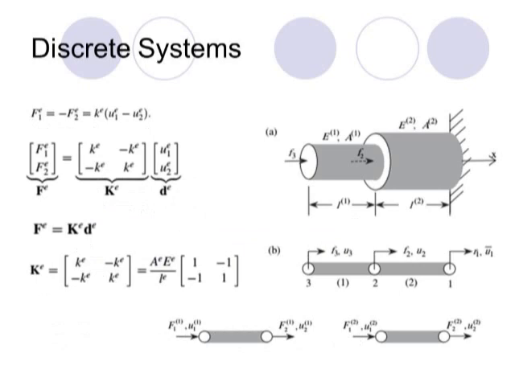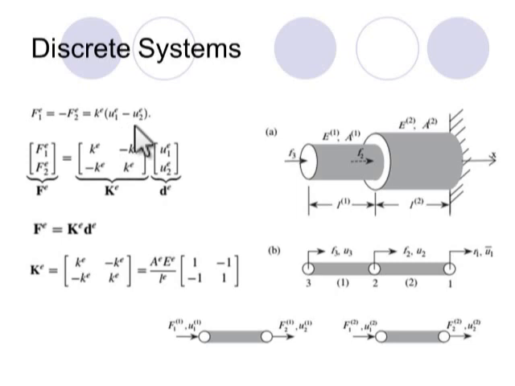If I write the forces identically, I can write the force acting at node 1 similarly. So F1 has to be equal to minus F2, because there has to be force equilibrium, and it is the stiffness of the truss element multiplied by U1 minus U2.